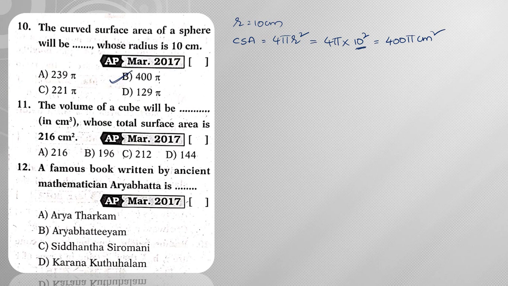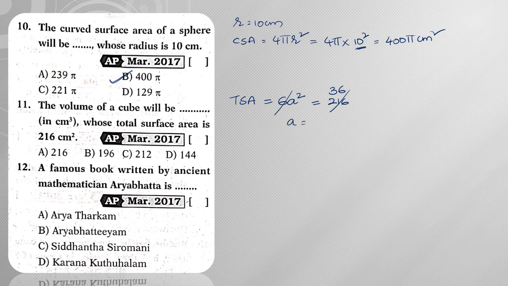Next, the volume of a cube will be dash whose total surface area is 216 centimeter square. Now the total surface area of the cube is given. The total surface area of a cube is given by 6a square, which is equal to 216 centimeter square. Now in the 6 table I can cancel it out. 6 3s are 18, 6 6s are 36.